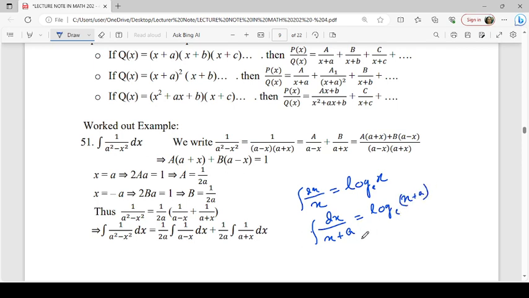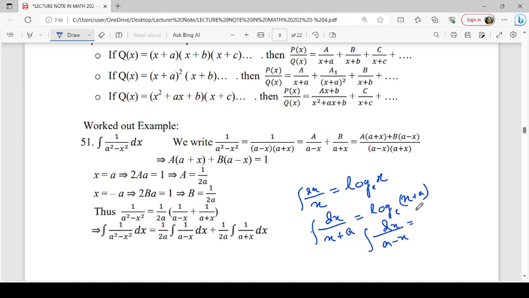And if a minus x is there, integration of 1 by a minus x is by the method of substitution. So a minus x is z, then this becomes minus dx.